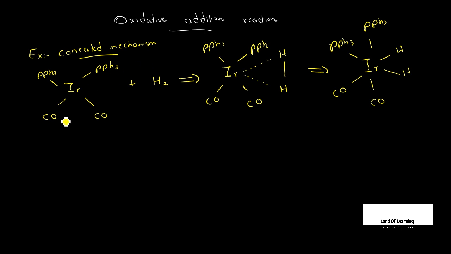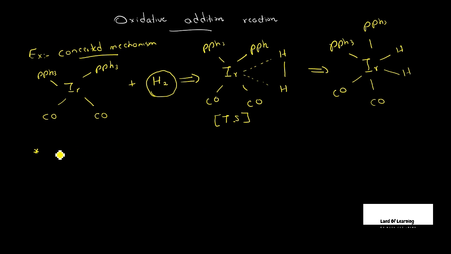Okay, now there are a few important details which we have to discuss about this concerted type mechanism. First thing is always this addition molecule has to be non-polar. The concerted type mechanisms favor the non-polar transition state. This is the transition state, right?